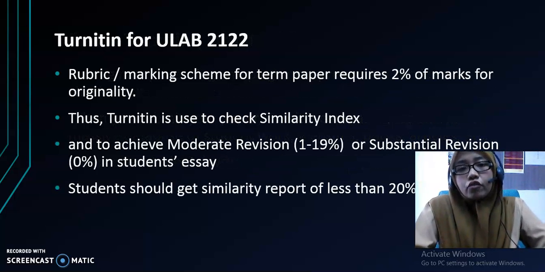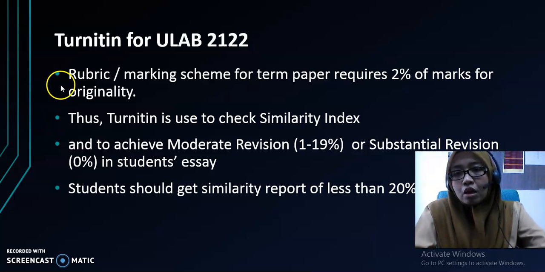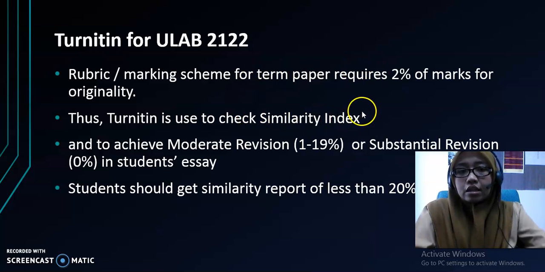Now, Turnitin for ULab 2122. Okay, the rubric or marking scheme for the term paper requires 2% of marks for originality. Alright, thus Turnitin is used to check the similarity index. This is the method of using Turnitin.